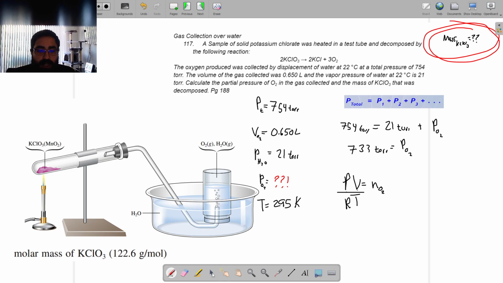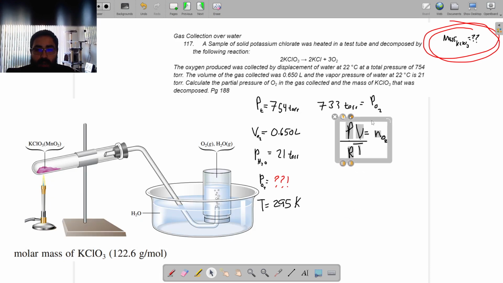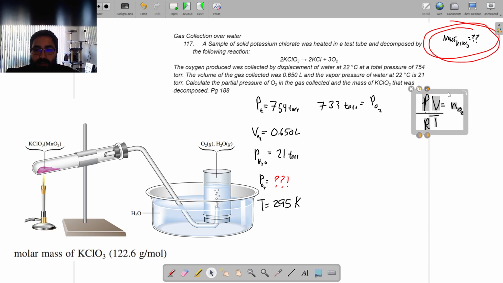So let's plug this in. And I'm going to get rid of this because we've already done it. We don't need the P total. We'll just scooch this up over here.